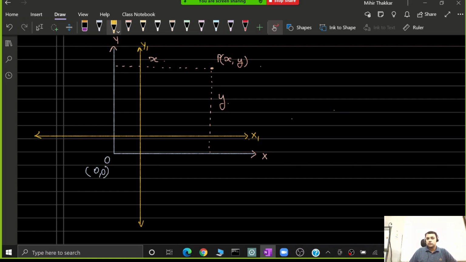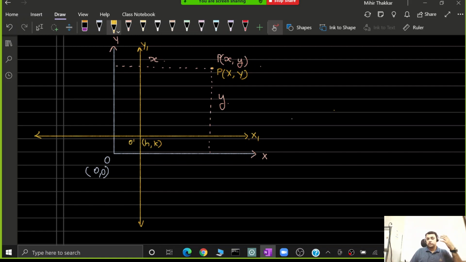The point is not shifted, but the coordinates of the point will change, and now it will become P(X, Y) with respect to the new origin O dash. Let me consider that O dash has the coordinates h comma k.